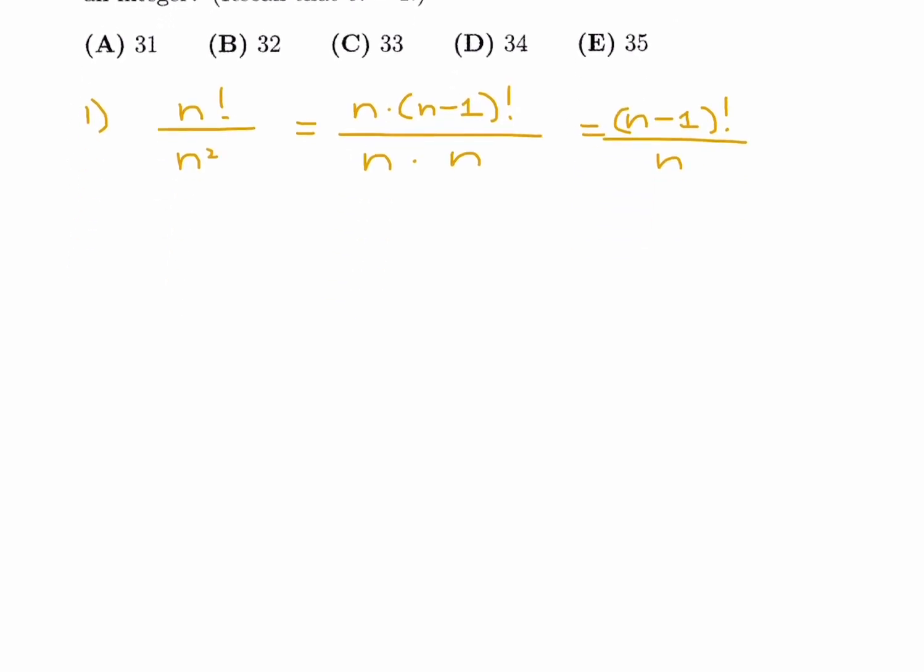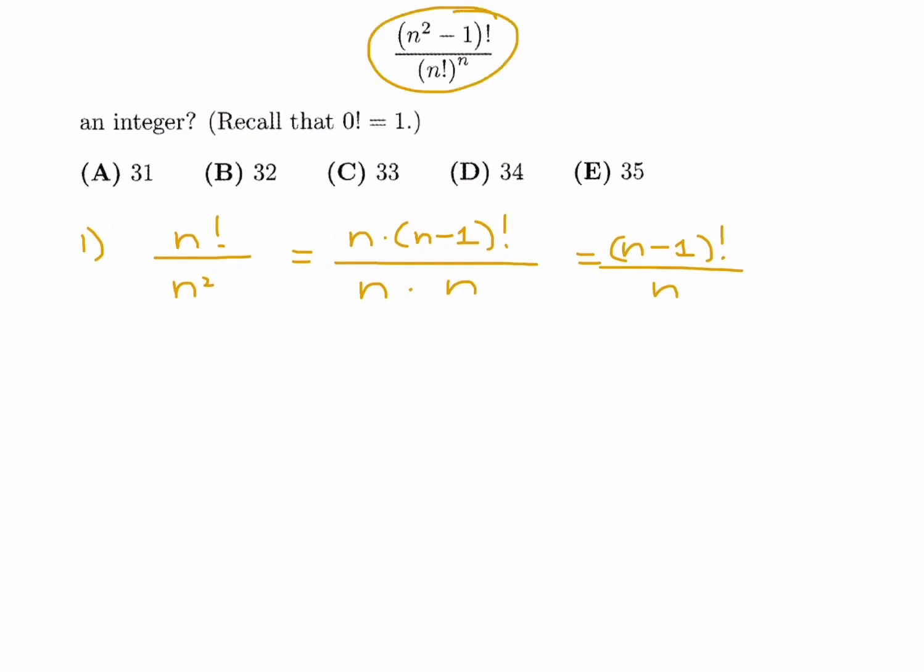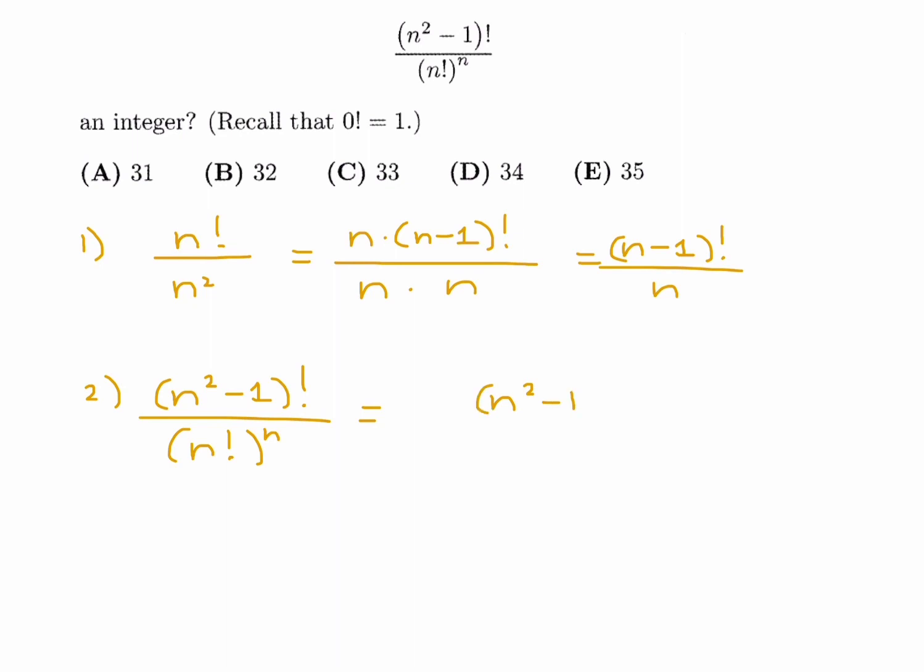So with that in mind, now let's tackle this guy. So that is step 2, n squared minus 1 factorial over n factorial to the power of n. Now for this, I want to make this into a better form. So what I'm going to do is I'm actually going to introduce a couple of things here.